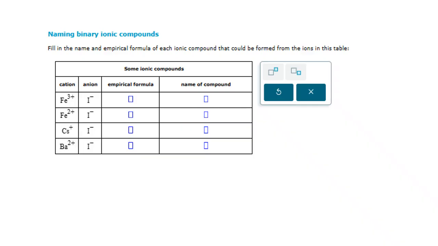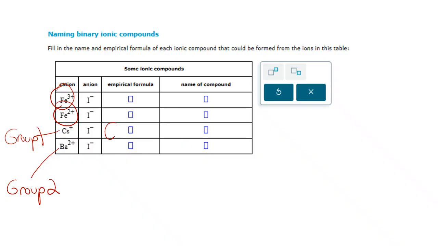Now here's another example where iron, those charges are changing, so we have to use a Roman numeral. Cesium is in group 1, barium is in group 2, so those do not need Roman numerals.